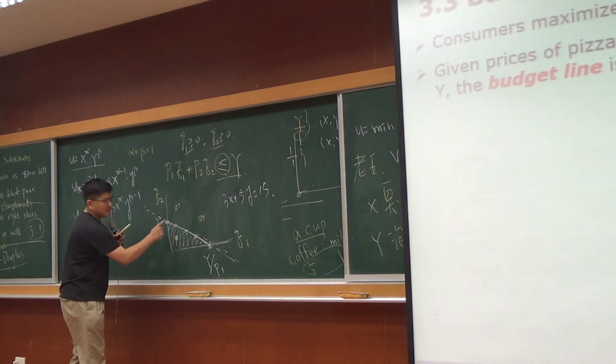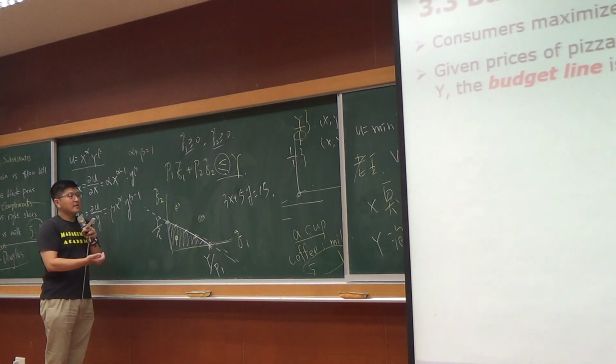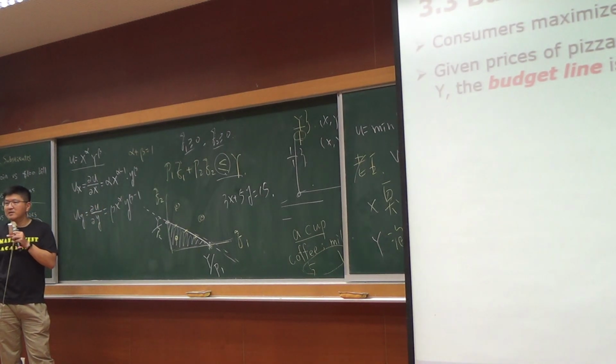So the constraint separates what we can afford from what we cannot. We do not have enough money.